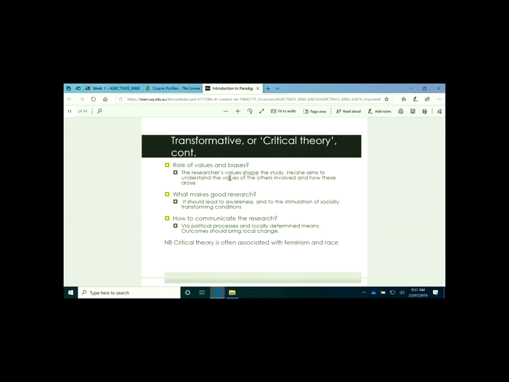Just quickly, so what are we trying to do in this research? Under this sort of transformative critical theory, what makes good research? It should lead to awareness and stimulation of socially transforming conditions. Okay, so good research in this case actually changes social structures.